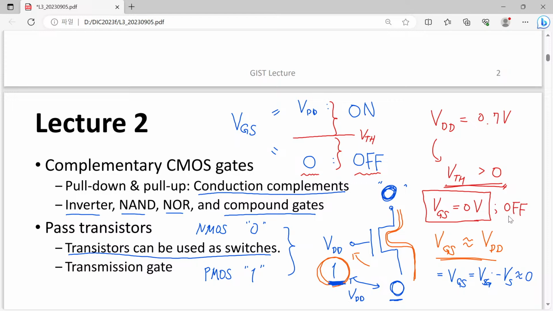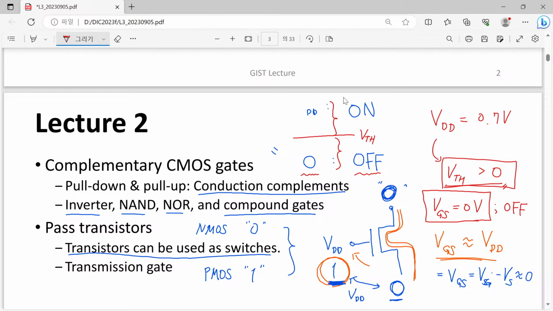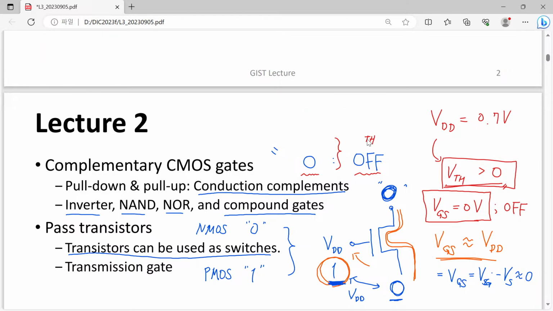So now we can use 0 and VDD as indicators for on and off. To most of you, this seems quite natural, but unfortunately, for many technologies, it is very difficult to have a positive threshold voltage.